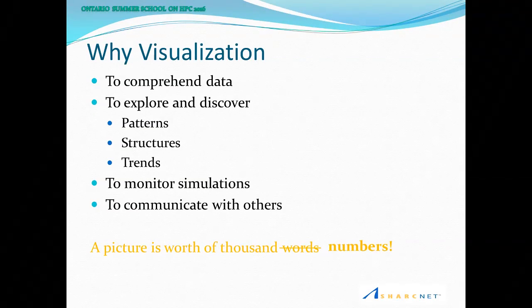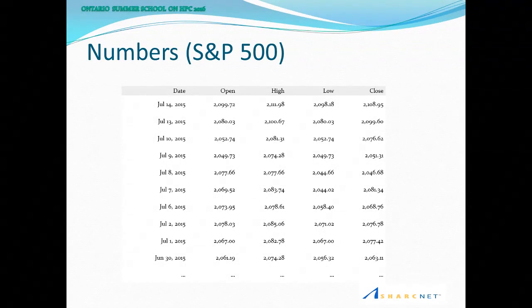Okay. Here is an example. I just show the daily S&P 500 index data within a month. If I just show the data like a column in a table, it's really hard for you to understand the movement of the index.